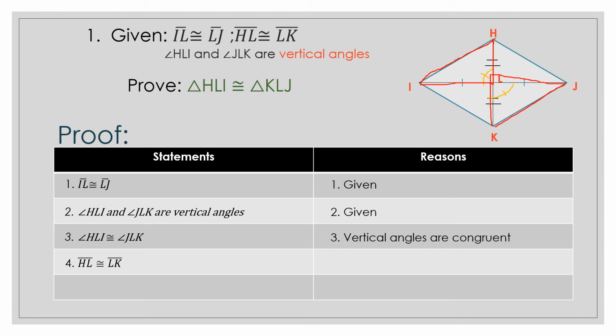Okay, for our statement number 4, segment HL is congruent to segment LK. What is our reason for that? That is also given. And so, for our number 5, triangle HLI is congruent to triangle KLJ. This is the one that we are proving already. Okay, so we have enough evidences and proofs. So can we conclude that triangle HLI is congruent to triangle KLJ?